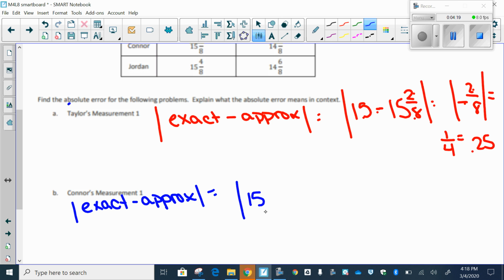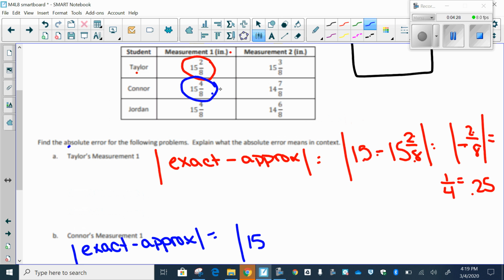And I'm sure when it's a robot making it, it's pretty precise. Connor's measurement 1 is 15 4/8. So minus 15 4/8. So 15 minus 15 4/8 is negative 4/8. But this is in the absolute value bars. The absolute value is always a positive number, and 4/8 simplifies to 1/2.